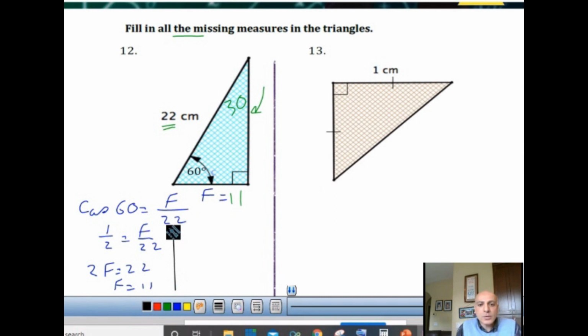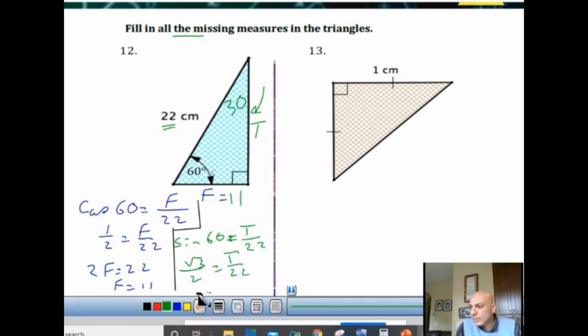Let's just stick with sine. Sine 60 is going to be the opposite side, which let's just name t. T over 22. Sine is square root 3 over 2 equals t over 22.